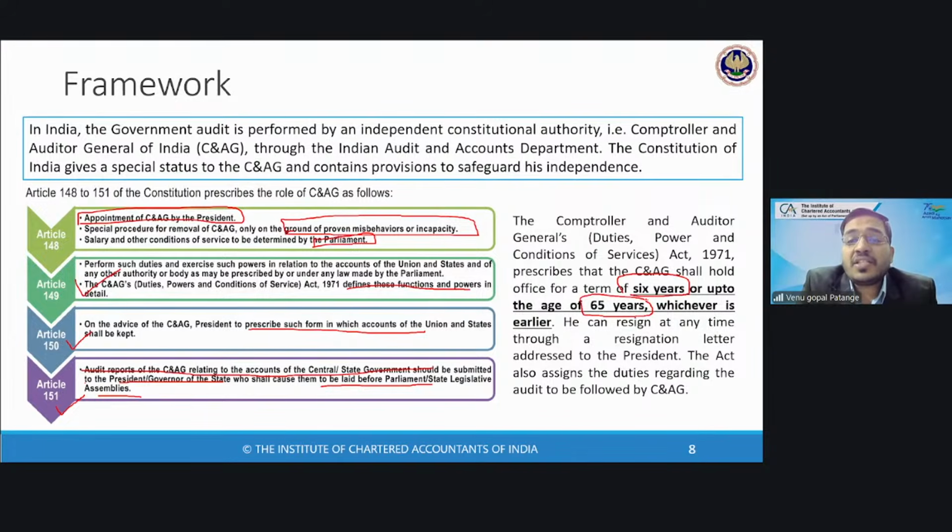Six years or 65 years, whichever is earlier. So he can be there only for a term of 3 years; he should vacate because he has already reached 65, right? If a person at 58 took the position as C&AG, he can serve 6 years, because from 58 to 64 he can serve, and at 64 he can vacate the office. Is it clear?